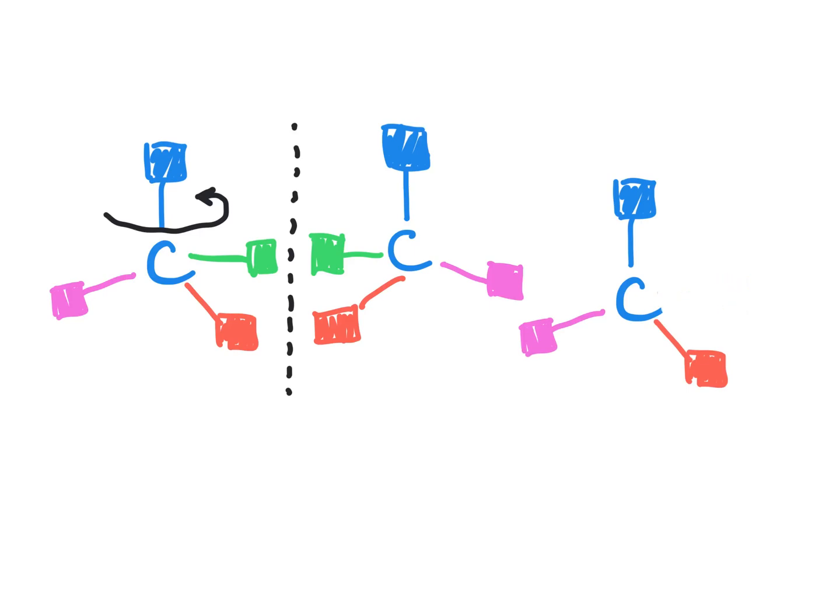So I'm just going to take green, and instead of spinning it around, I'm just going to move it slightly. I'm placing green over here.